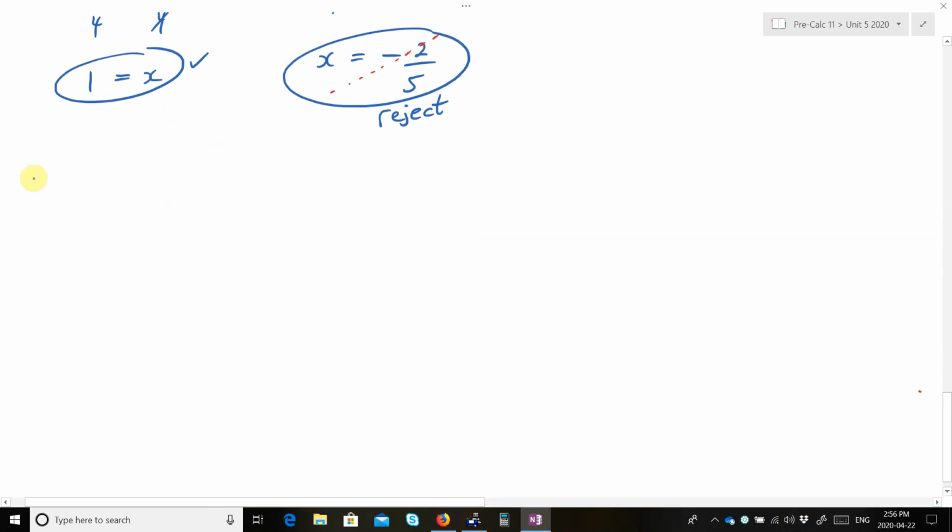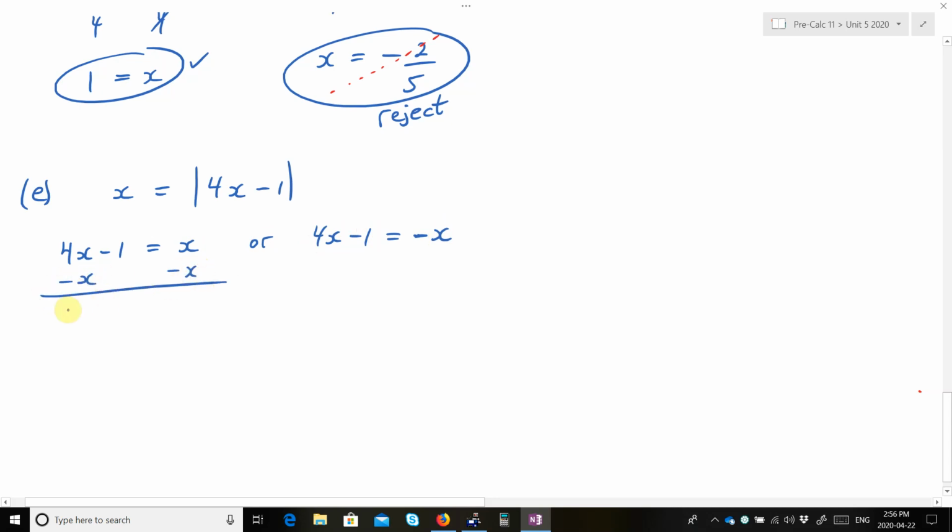Okay, let's try 7e, everybody. x is equal to the absolute value of 4x minus 1. So the two equations are the 4x minus 1 could equal x, or the 4x minus 1 could work out to negative x. And with this, subtract x from both sides, and we get 3x minus 1 equals 0.